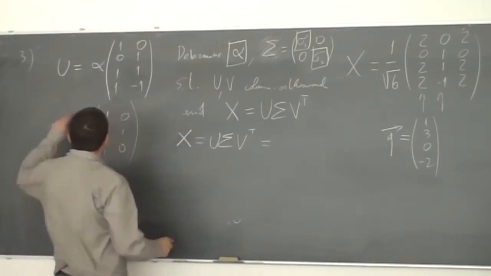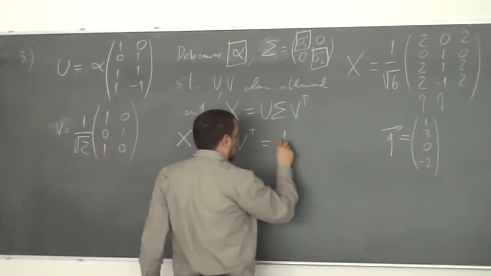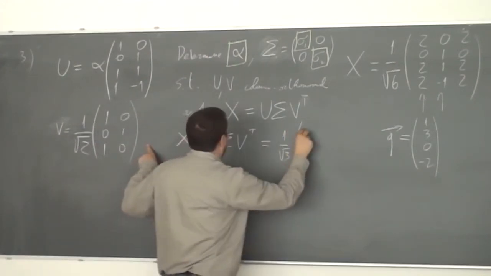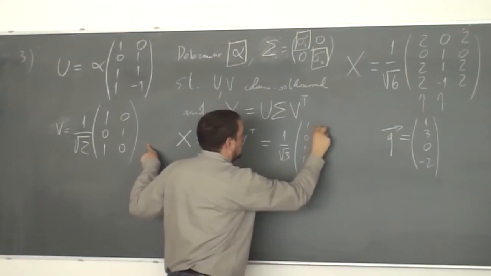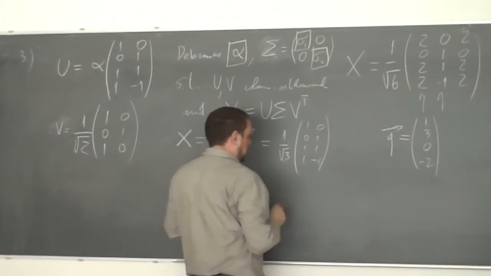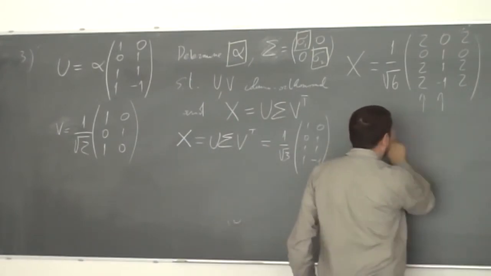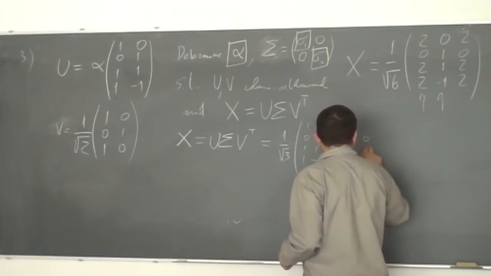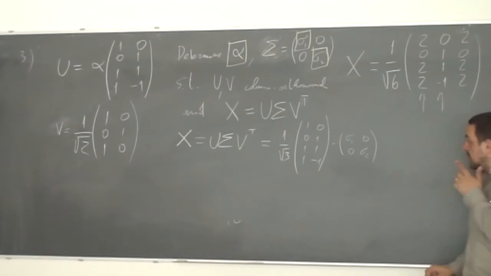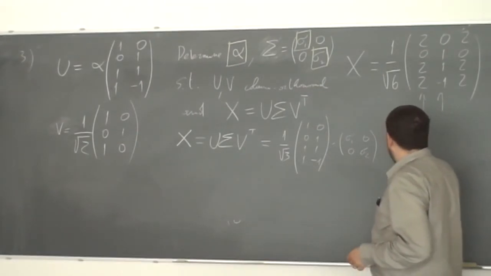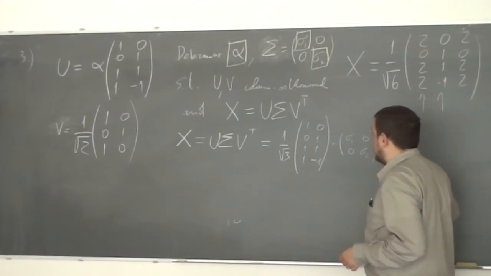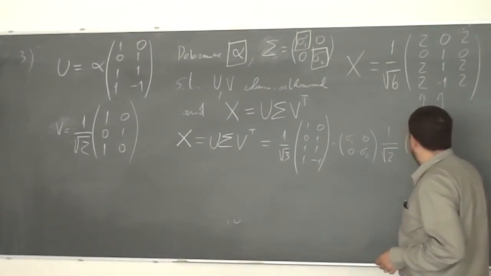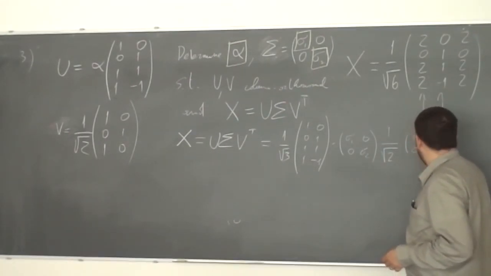So that is alpha, which is 1 divided by square root of 3, times 1, 0, 1, 1, 0, 1, 1, minus 1, times sigma 1, 0, 0, sigma 2, times B transpose, which is 1 divided by square root of 2, 1, 0, 1, 0, 1, 0.